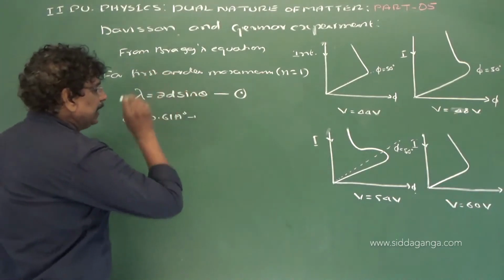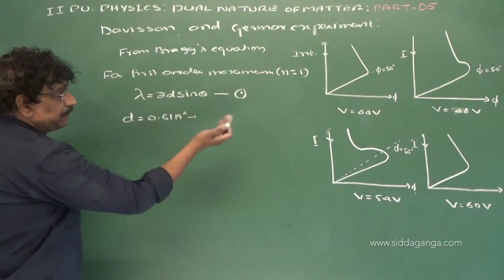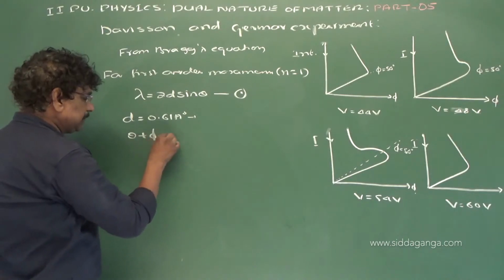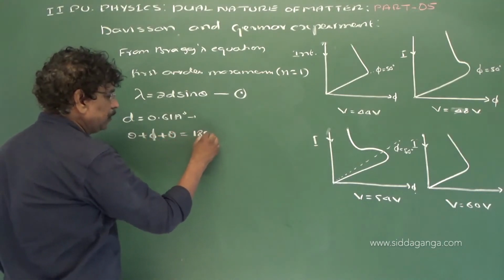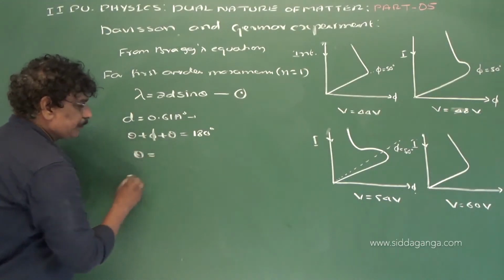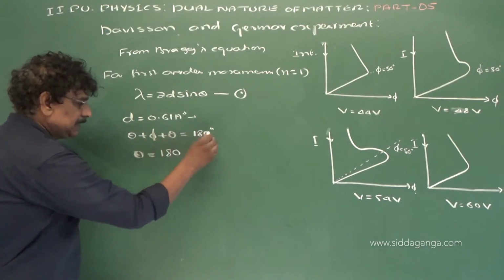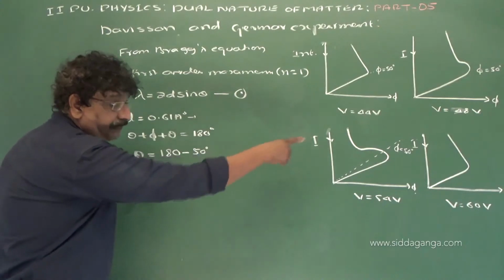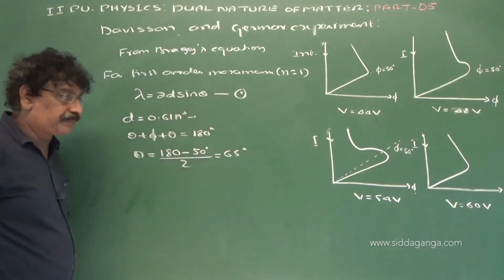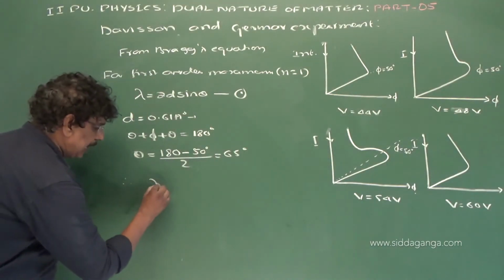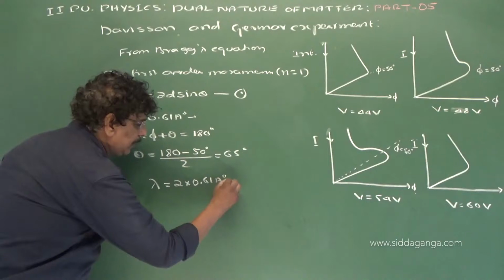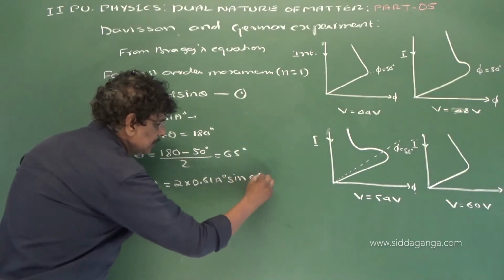Now here to calculate theta, from the previous figure, I have already told theta plus phi plus theta is equal to 180 degrees, or theta is equal to (180 minus phi) by 2, with phi equal to 50 degrees, that is equal to 65 degrees. Therefore, lambda is equal to 2 into 0.61 angstrom unit into sine 65.